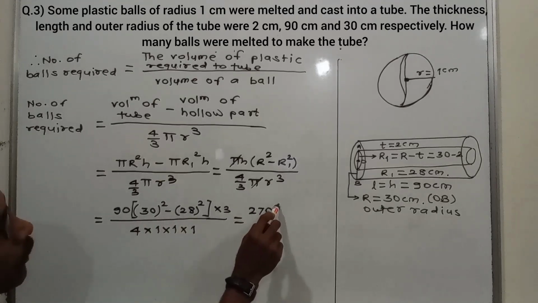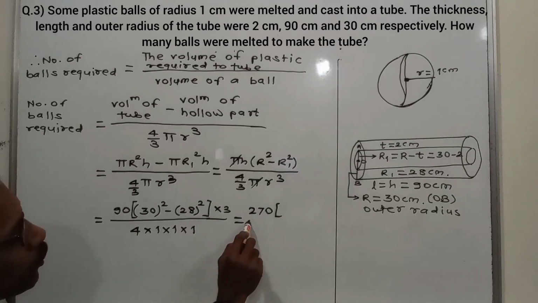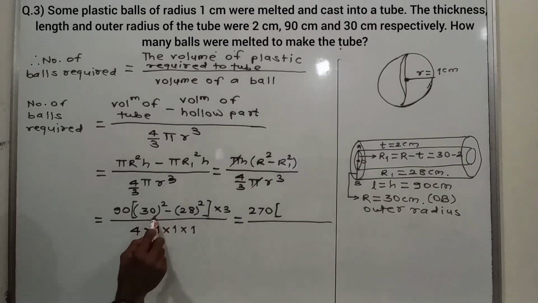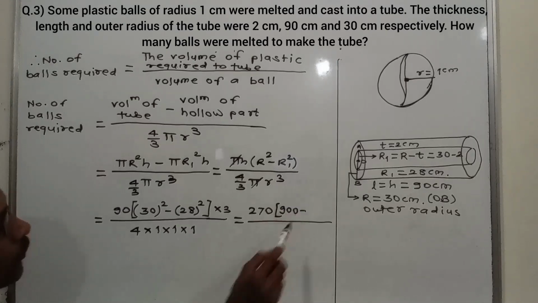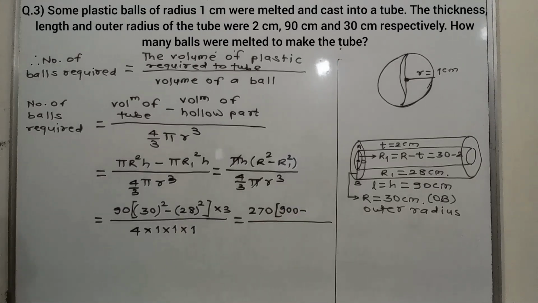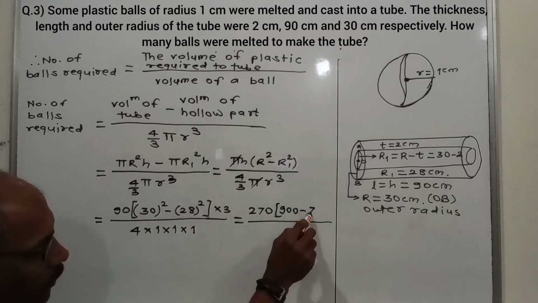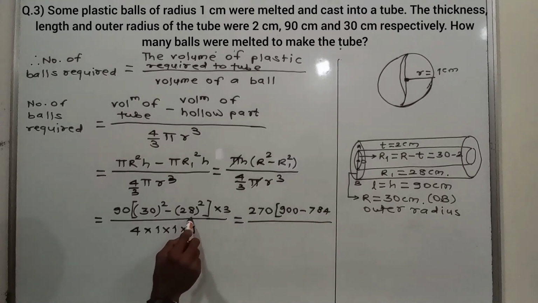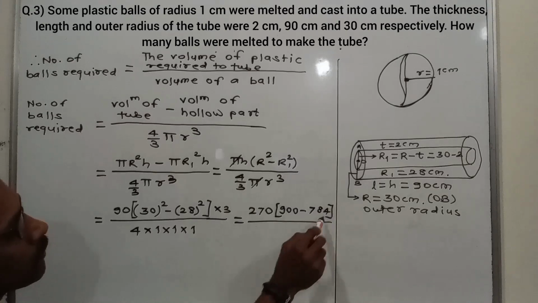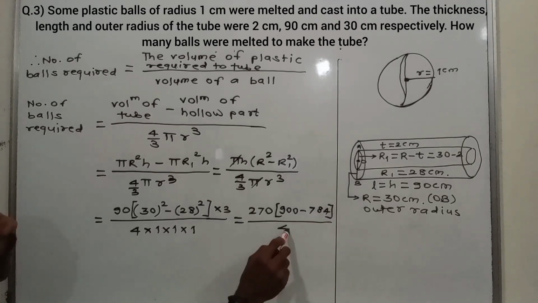Now we know the square of 30 is 900. What is the square of 28? It is 784.